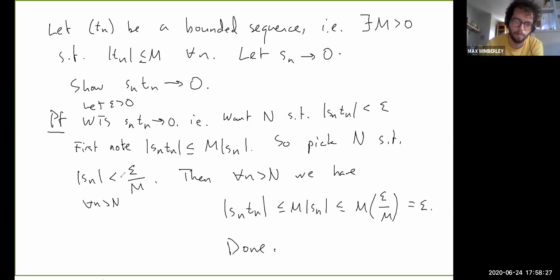So we came up with this number separately, but by looking at what we wanted in the end and saying, if we can get this overall thing to be less than epsilon, that would be like getting this thing to be less than epsilon over m, and we can do that using the convergence. So that process just happens a lot.